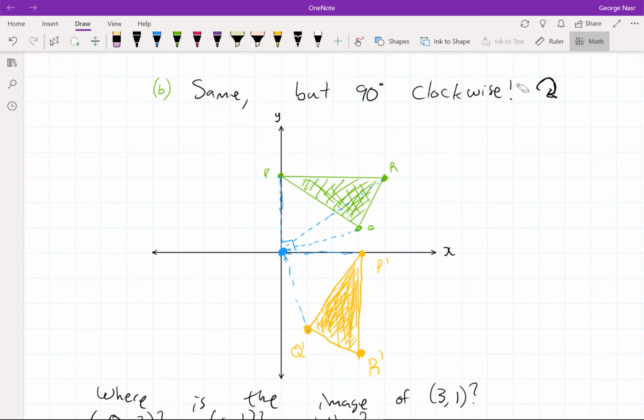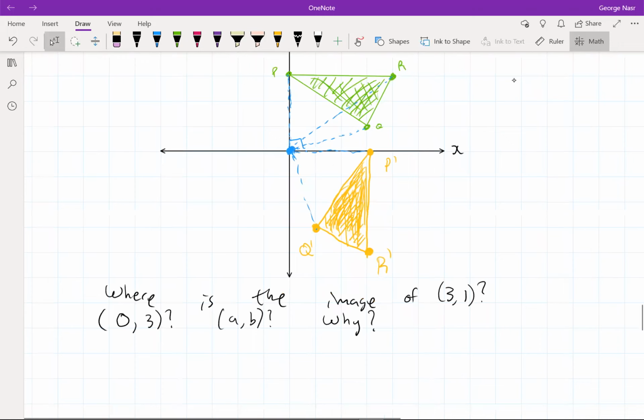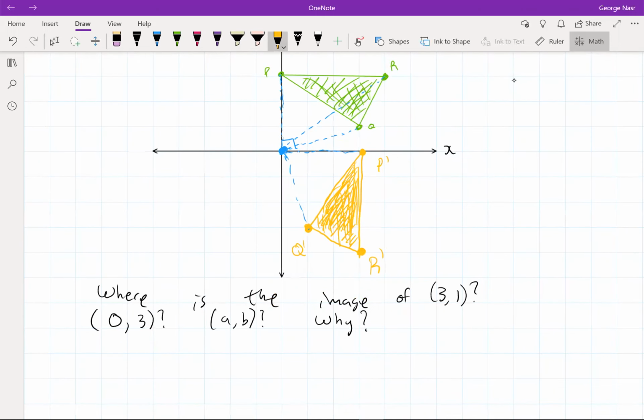Okay. And so what's the image of 3, 1? That's Q. This one became 1, -3. What happened to 0, 3? It became 3, 0. That was P. So what's happening in general?